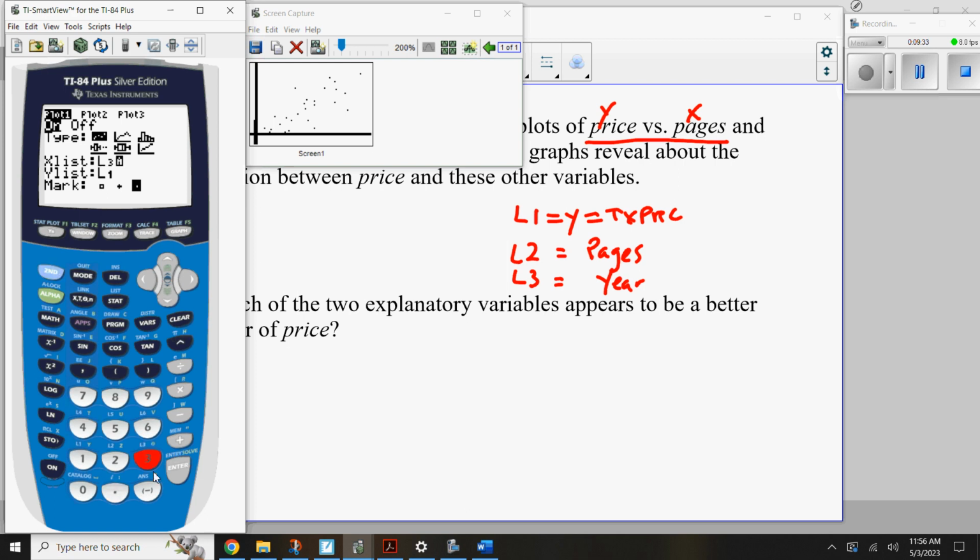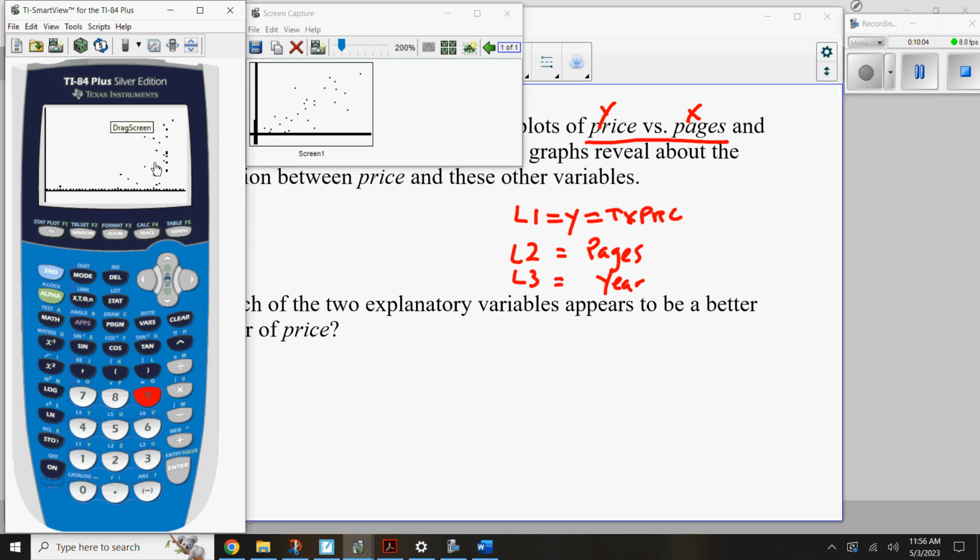And I should be able to just go Zoom 9 again. It gives me that little funny thing on the bottom, which I can never figure out why it's doing. So I just hit the clear button, and now I can do Zoom 9. And I would say that the first scatter plot that we did looks a lot more linear and a lot more helpful than the second one.